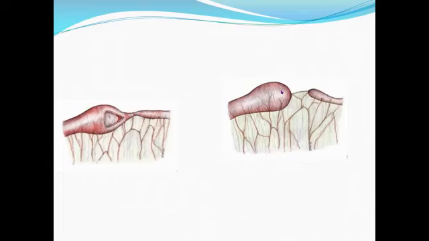You can use 4-0 round-bodied suture for anastomosis of the two segments. So carefully anastomosing the segments can give you a better result postoperatively.